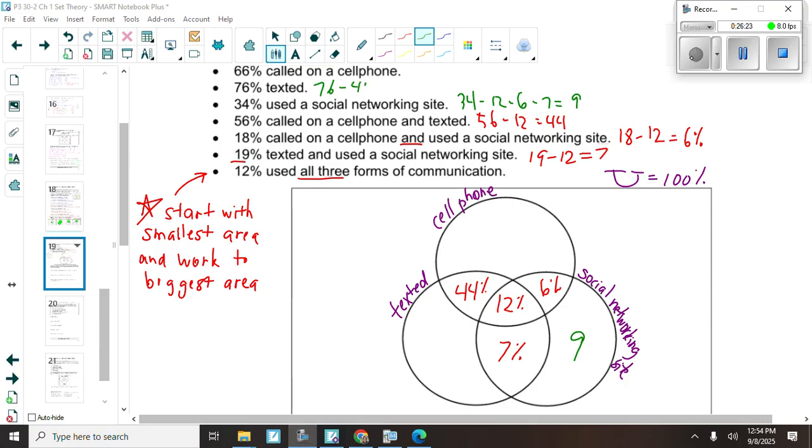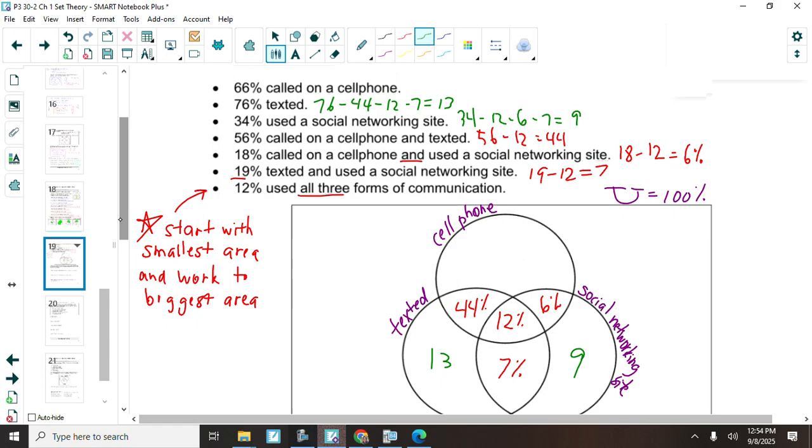Subtract 44, subtract 12, subtract 7. That gives us 13. And then 66 called on the cell phone. So in our cell phone circle, we're going to subtract off the 44, the 12, and the 6. That should get us 4.